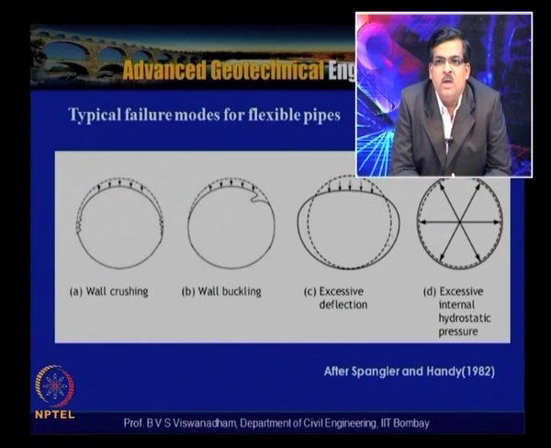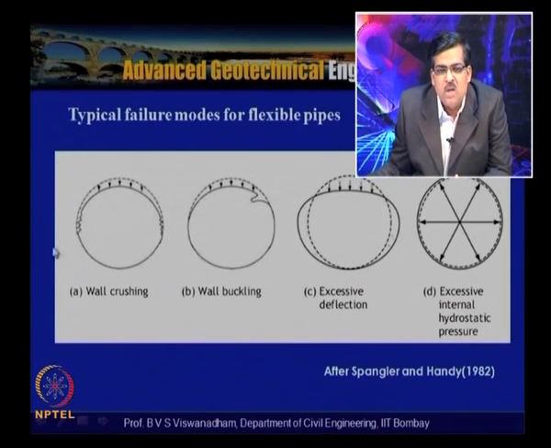And here the typical failure modes of flexible pipes are shown. We have wall crushing, which can happen with the thrust here, and buckling of the pipe, which can occur because of non-uniform stresses. Then excessive deflection of the pipe can occur because of the material's inherent property; if the material of the pipe used is inferior, excessive deflection can come.